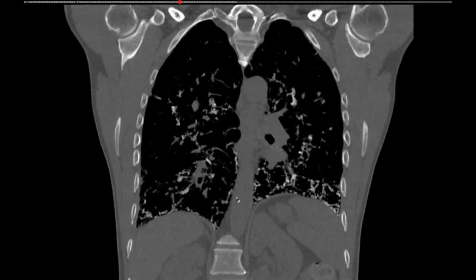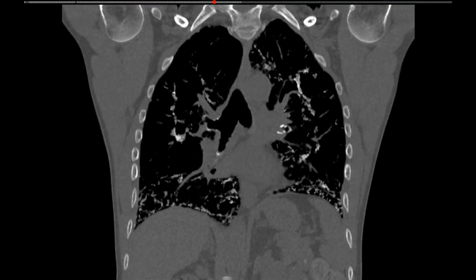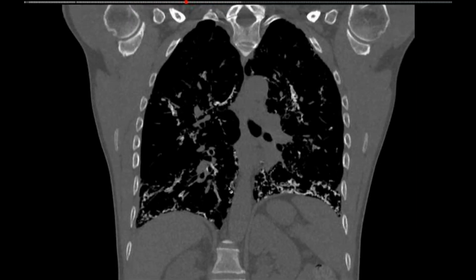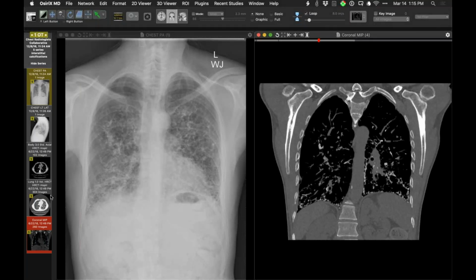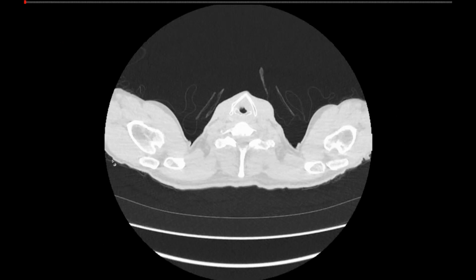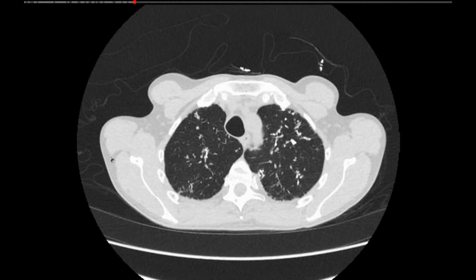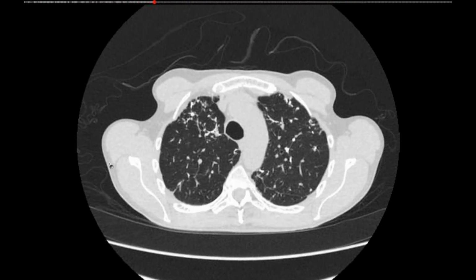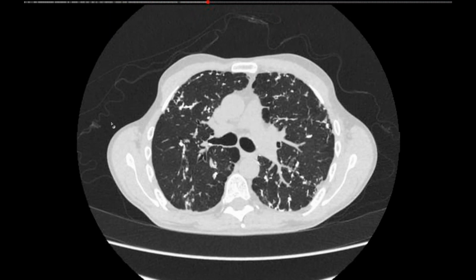And once you see that, you say, bingo, this is a really nice example of diffuse pulmonary dendriform ossifications that are located in the lungs. And what's really nice is to look at the lung windows and see that in between those calcifications, the lungs look all right. So although it's a dramatic image, the lungs in between are just fine.